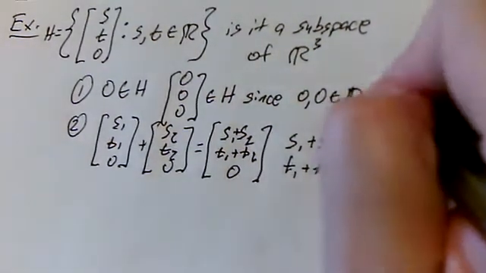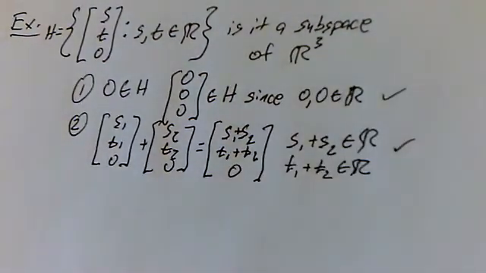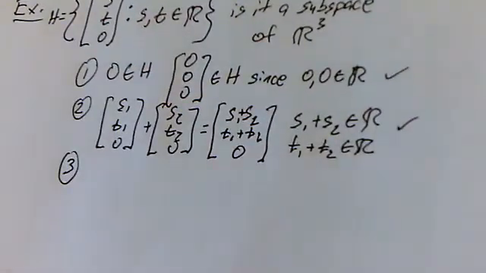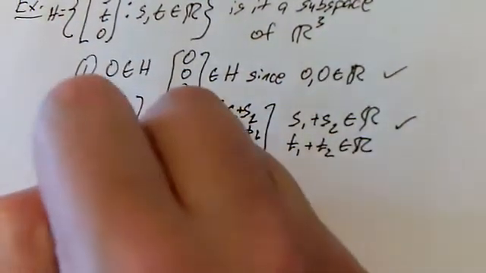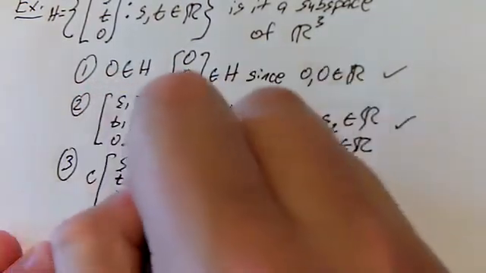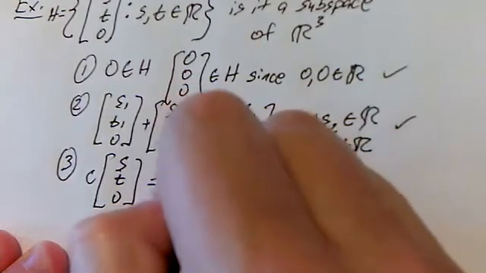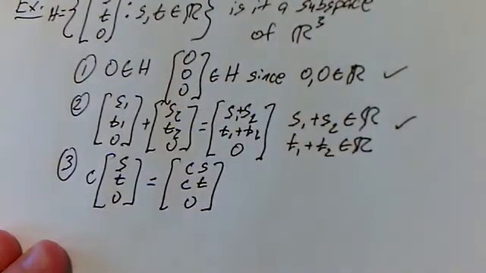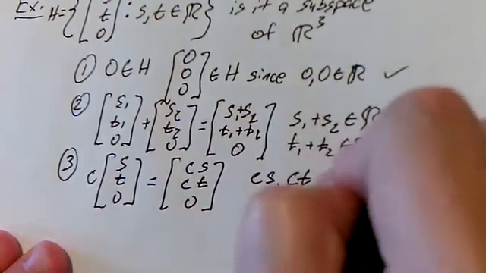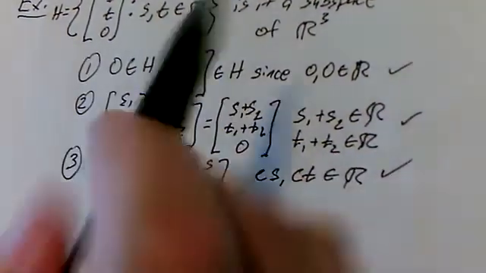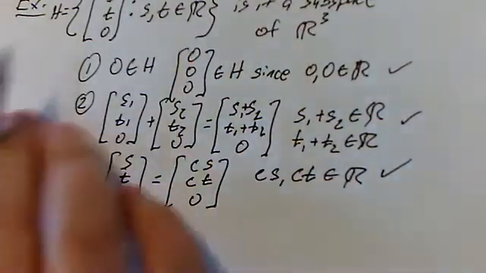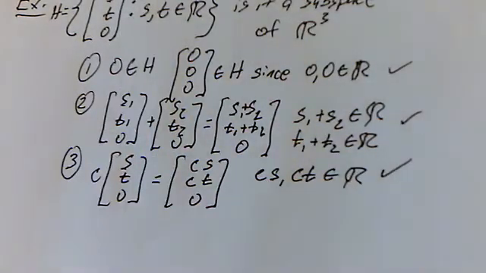So condition 2 is a check. How about condition 3? Condition 3 is a scalar. So if I do C times S, T, 0, I get CS, CT, 0. Well, CS and CT are both real numbers. So it meets the criteria to be in this space. So I've checked all 3 subspace criteria. This is a subspace of R3.